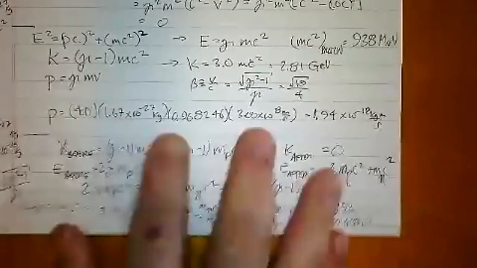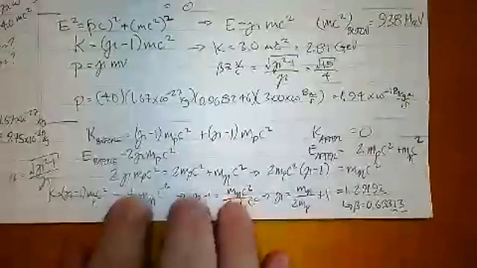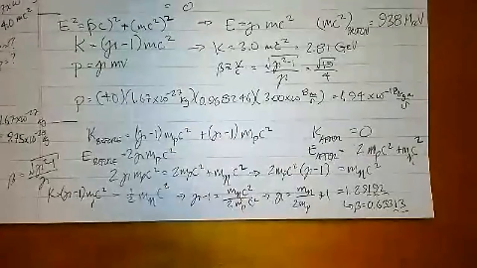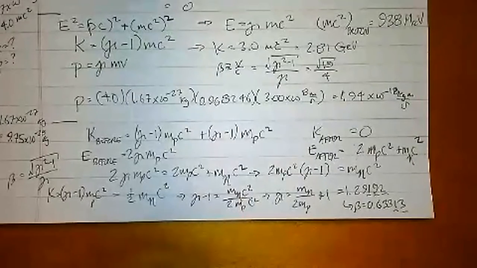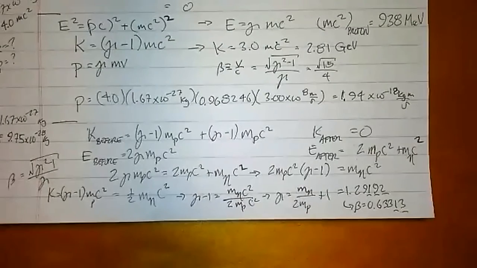You got something funky for gamma? You didn't get the 1.29? I got that. Okay, so I got the same thing you did. And I got the same thing for beta. Yep, that should be right.